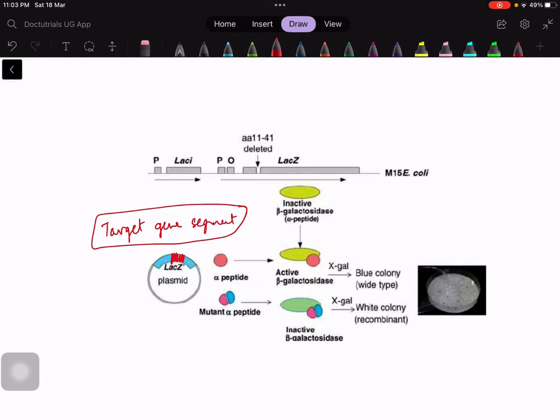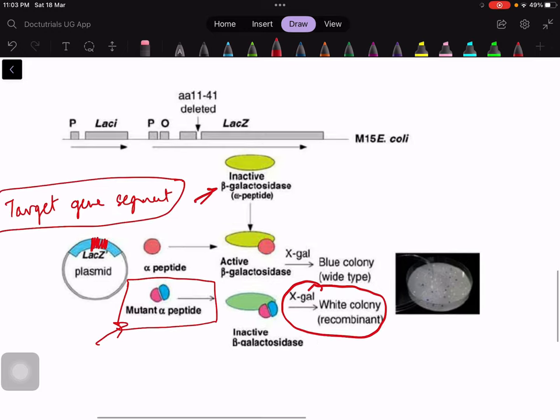If this insertion is successful, the product which is formed, that is the mutant alpha peptide, is not able to support the action of inactive beta galactosidase, and it will not convert the white colony into a blue colony. So wherever the white colonies persist indicates a recombination.